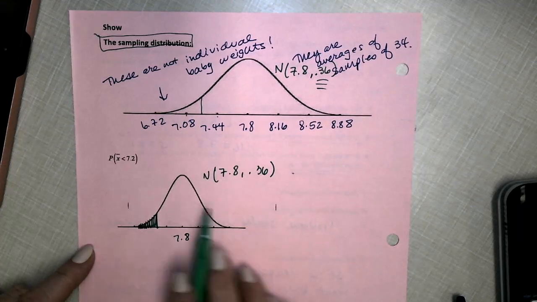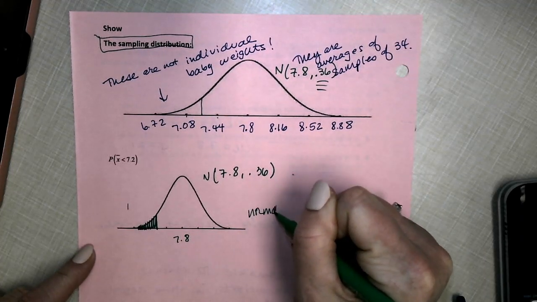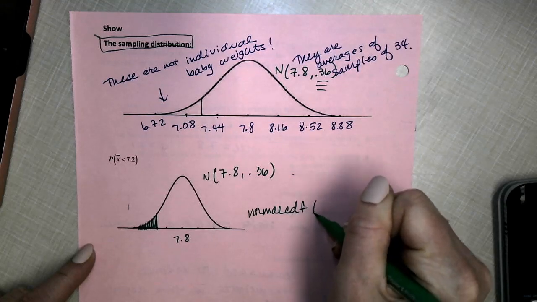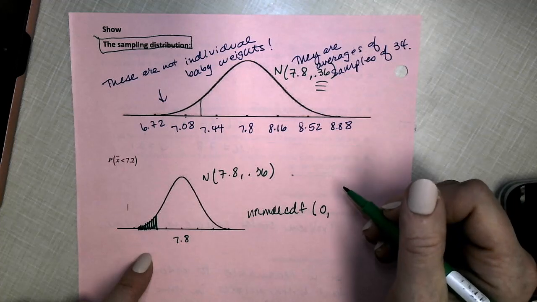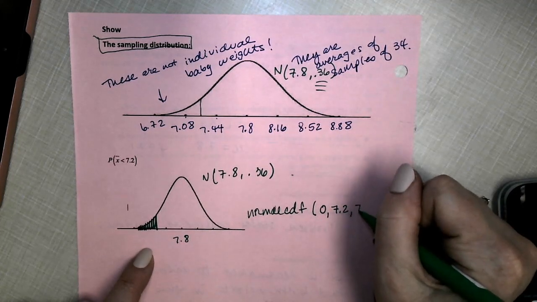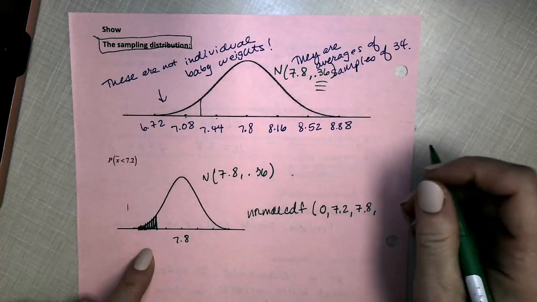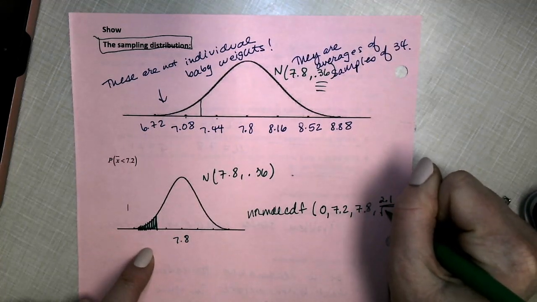So now hopefully you're thinking, oh yeah, I'm going to use normal CDF: 0, 7.2, 7.8, and 2.1 divided by the square root of 34.